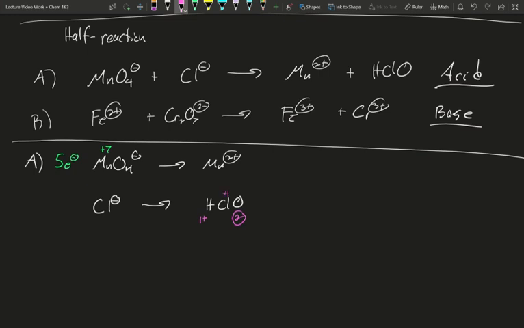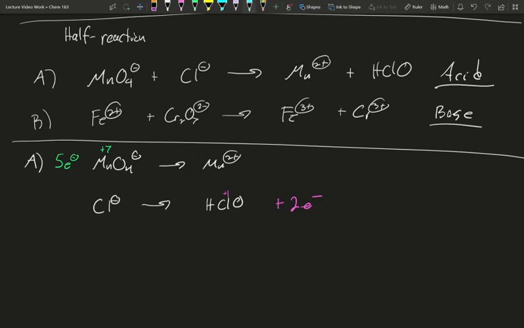Our chloride went from chloride at -1 to a chlorine atom with a +1. So it's been oxidized. Manganese was reduced. It gained electrons. The chloride is going to lose them. Well, chloride used to be minus and now it's positive. It loses 1 electron to become neutral, loses a second electron to become +1. So this must have 2 electrons that are part of the product. Original chloride lost 2 electrons to become a chlorine with a +1.